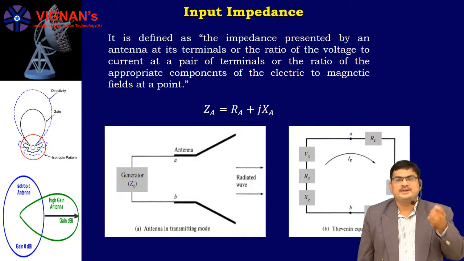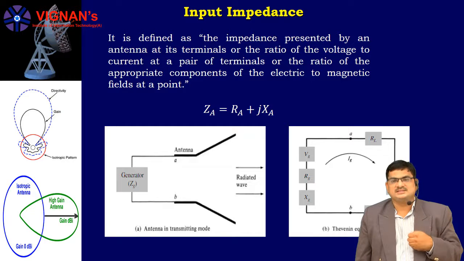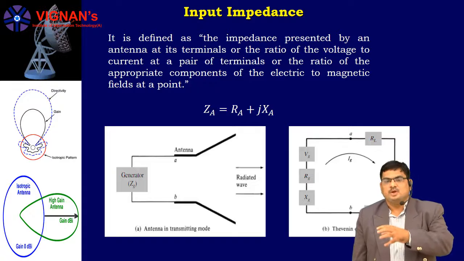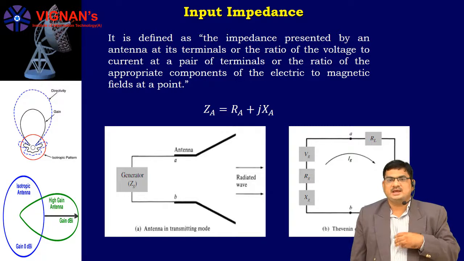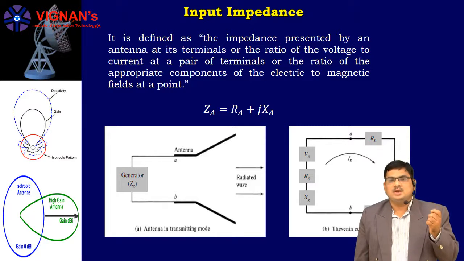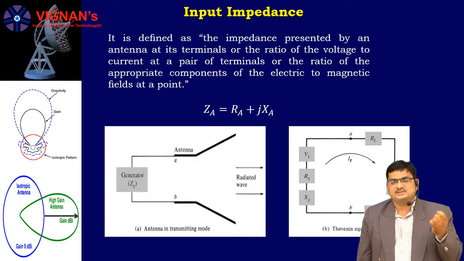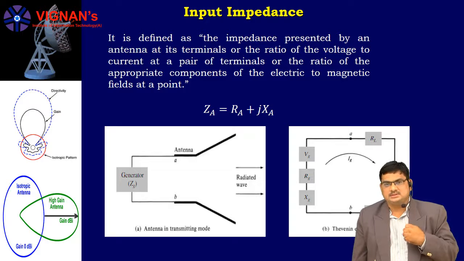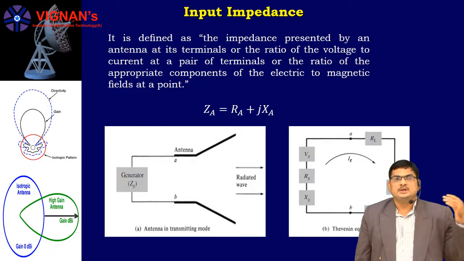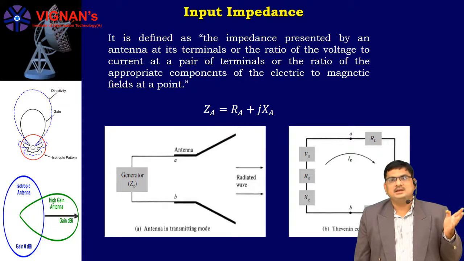After the current is distributed throughout the wire, the power is dissipated into free space. When you see these components, VG is the RF voltage applied across the generator, and RG and XG are the two components at the input side, that is the resistance and the reactance of the generator.